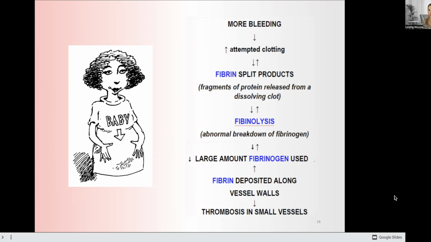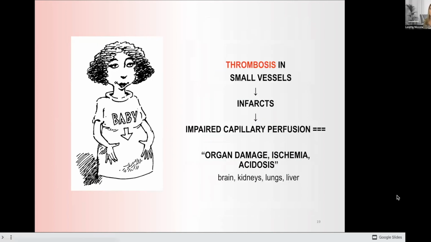Think of the fibrin as glue. So there's more fibrin that kind of clumps on top of each other and sticks, turns into a thrombosis, and it occludes small vessels that then lead to small infarcts in organs, impaired circulatory perfusion, which leads to organ damage, ischemia, and acidosis.